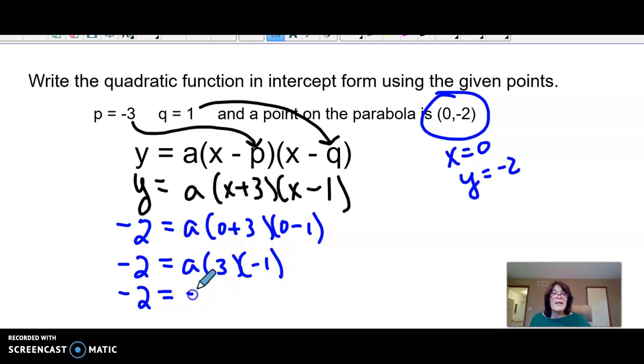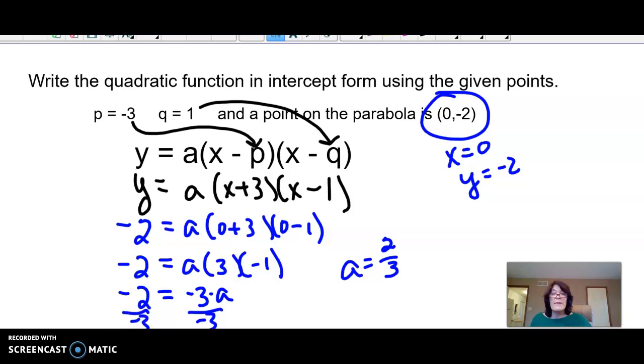So I'm going to write -3 times a instead of a times -3, if that's okay. It doesn't matter. Multiplication is commutative, doesn't matter which way, but I'm used to solving equations with the number in front of the variable, so I usually put it in front. I divide both sides by -3, and I get a equals positive 2/3, okay?